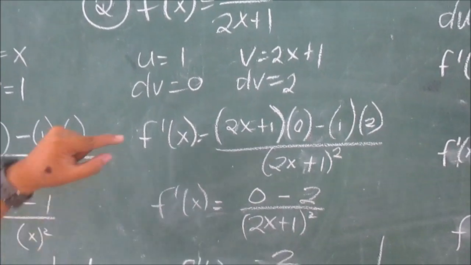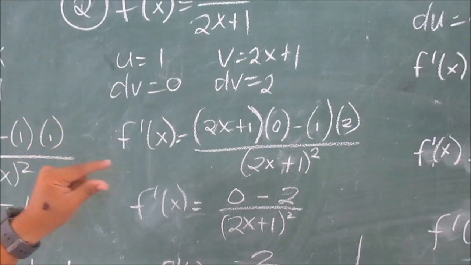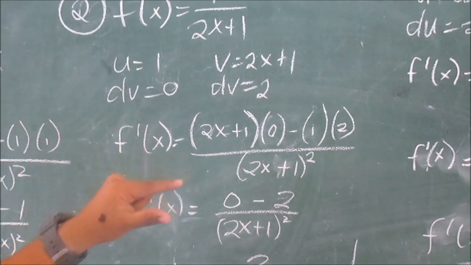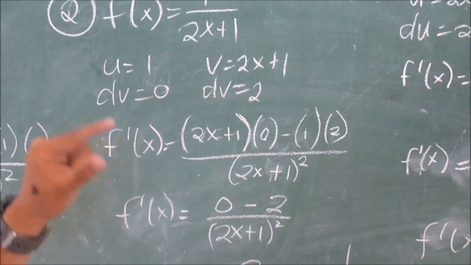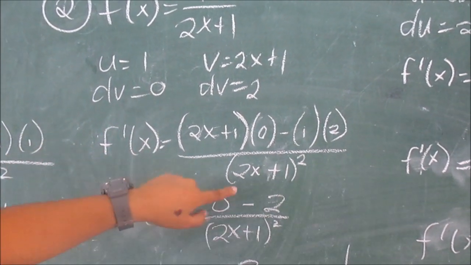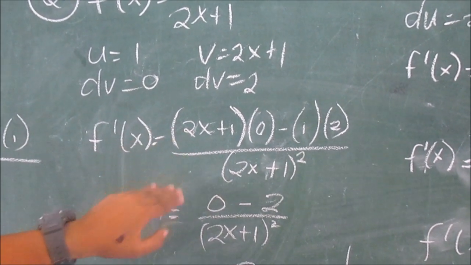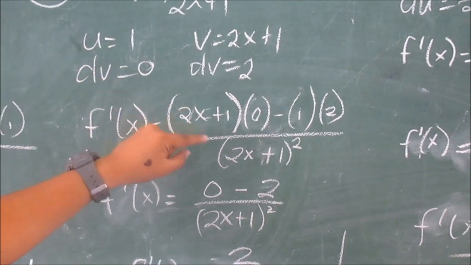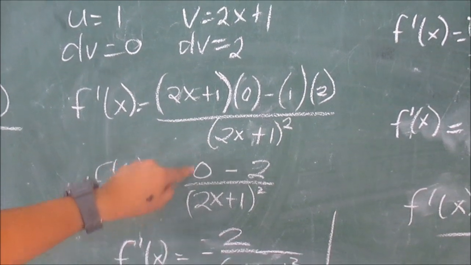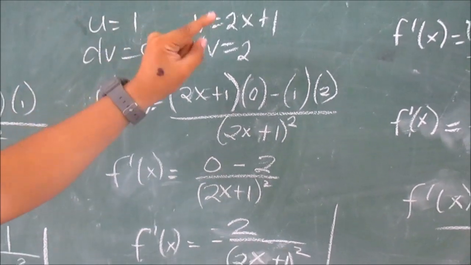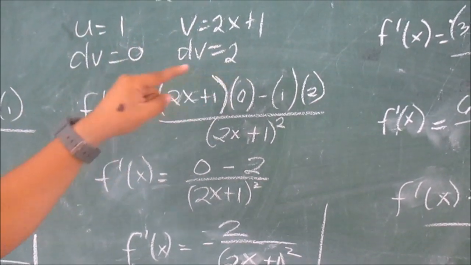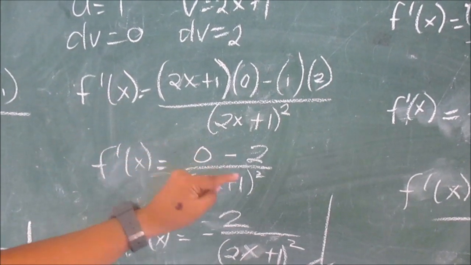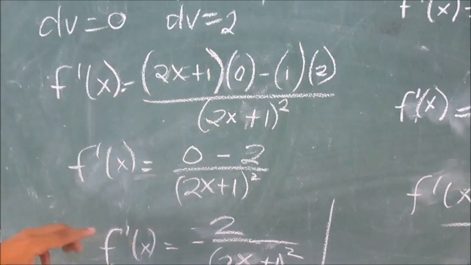So substitute f prime of x is equals to 2x plus 1 times 0 minus 1 times 2 over 2x plus 1 squared. So when we multiply 2x plus 1 to 0, we got 0. And when we multiply 1 and 2, we got negative 2 since it is negative.